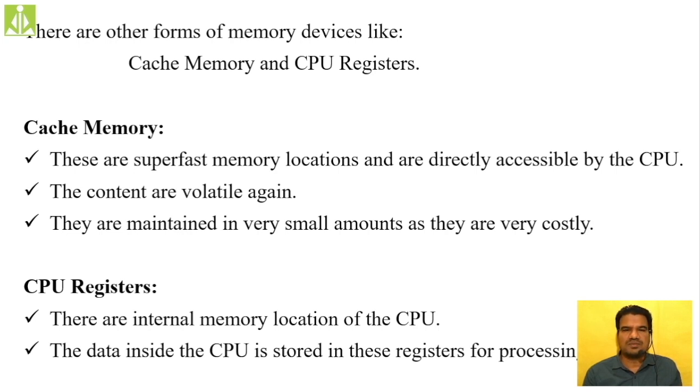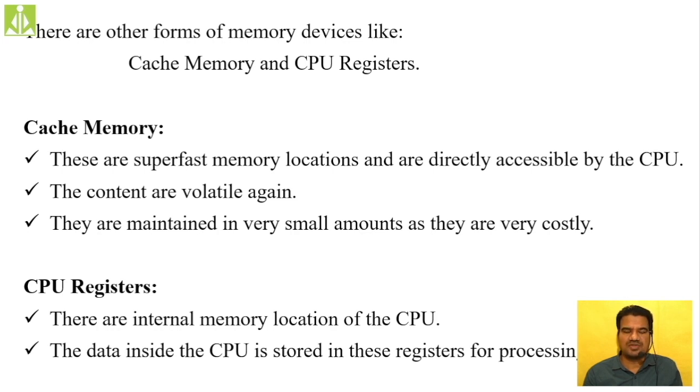So that is the reason why, according to the cost of these memory elements, we maintain them inside our computer. Hard disks, as they are cheaper, we maintain in terabytes. Then random access memory, as it is somewhat costlier than the hard disks, we maintain in a smaller amount, in GBs.